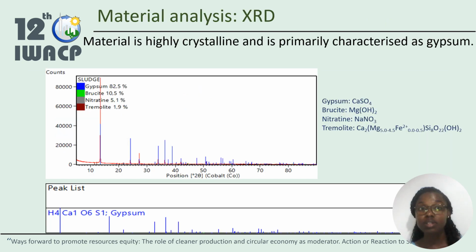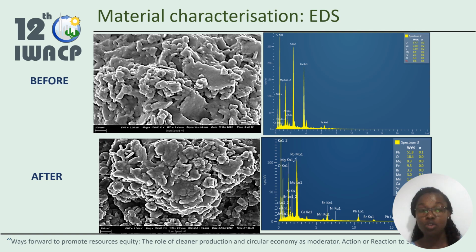The material's crystalline structure is shown on the XRD diffractogram. The main component of the MIW sludge is gypsum. Small amounts of magnesium, iron, and silicon are also present due to the overall composition. Relatively high calcium, sulfur, and oxygen weight percentages are seen in the indicated EDS spectrum.